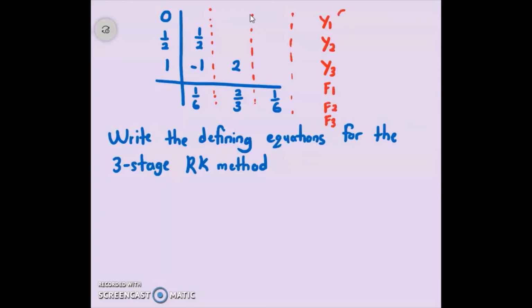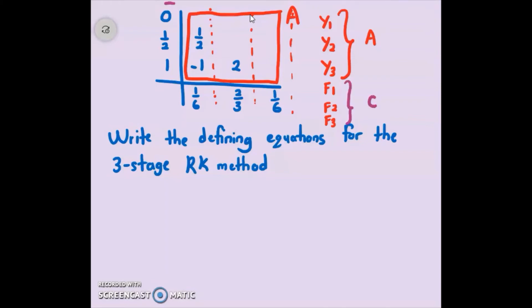The coefficients inside here refer to my a's. These are my a's. And the coefficients in here are for c. These are the c. And the coefficients in here, these are the b's.